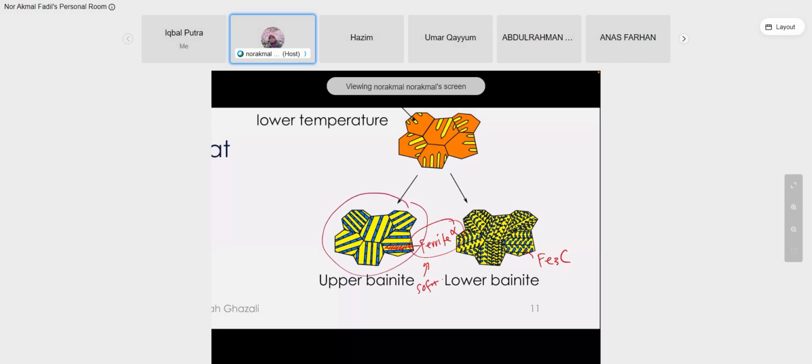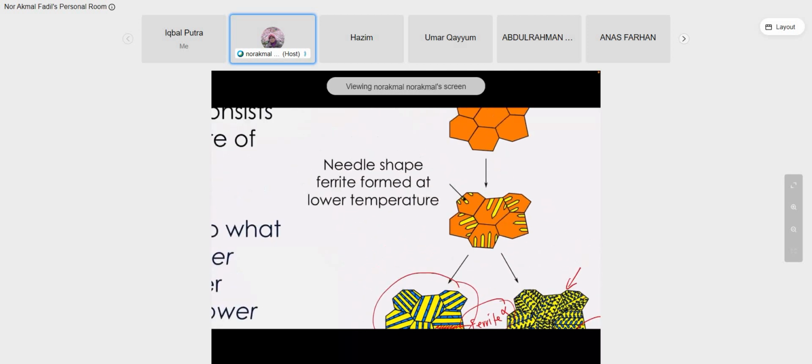If you have this kind of microstructure, the softness of ferrite will be dominant. But if you have this kind of microstructure, where the area of clean ferrite is less, you can see that the ferrite is packed with a small fraction of cementite. So this microstructure shows a tougher microstructure.